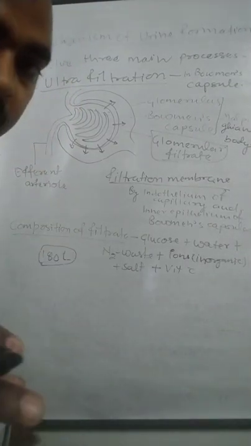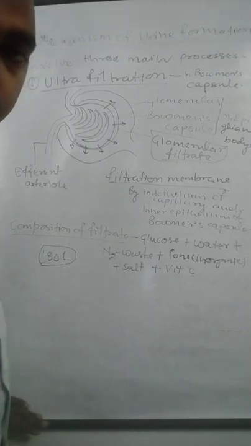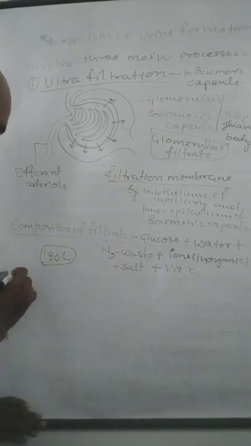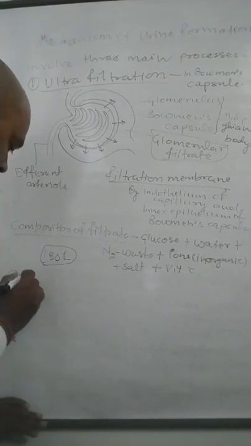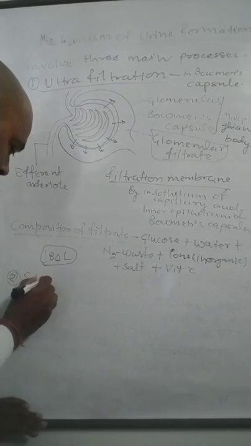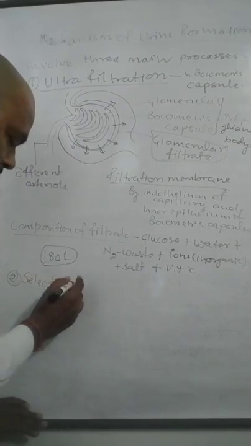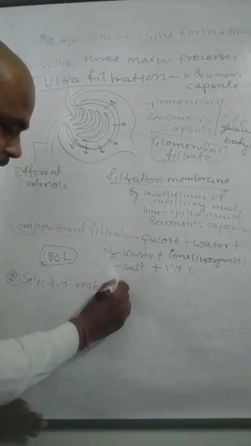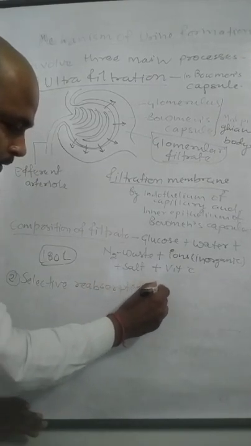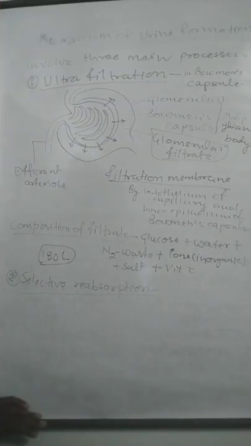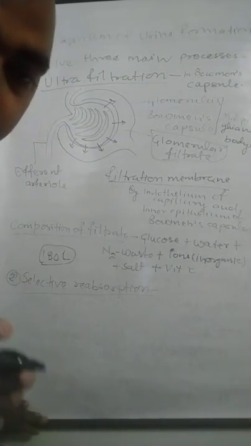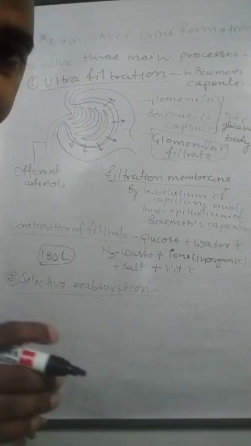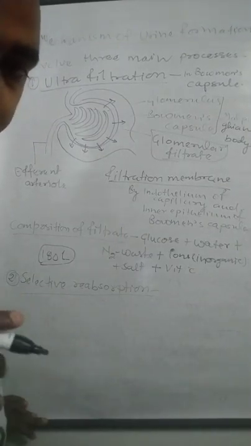So the next process during the mechanism of urine formation is selective reabsorption. Selective reabsorption is the second process of the mechanism of urine formation.